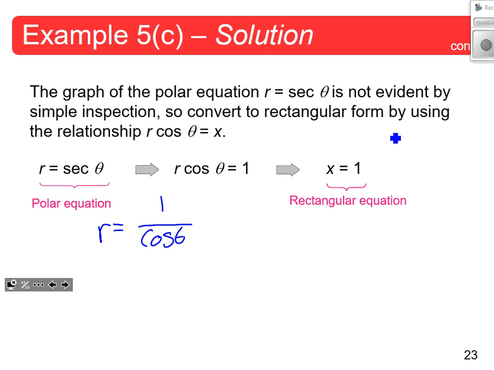So we can multiply both sides by cosine. Those would simplify to 1, and we get r cosine of theta. What is r cosine of theta for us when we talked about polar to rectangular? x. So really, I can replace all of this with x, and get x equals 1. And that's our equation.